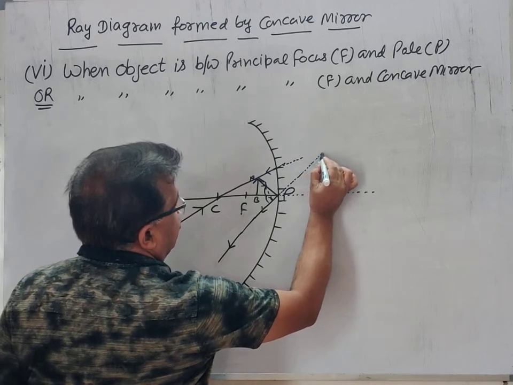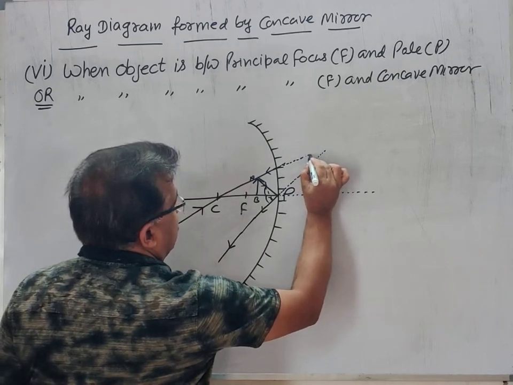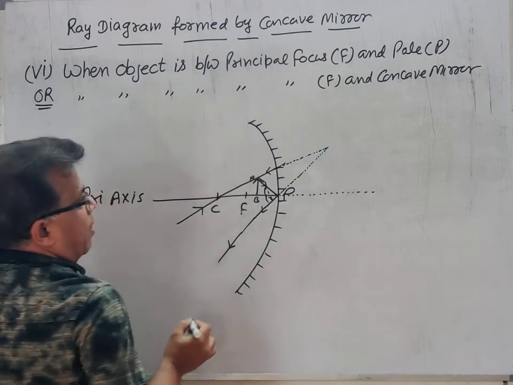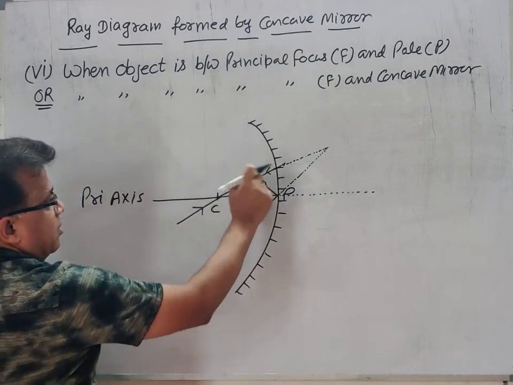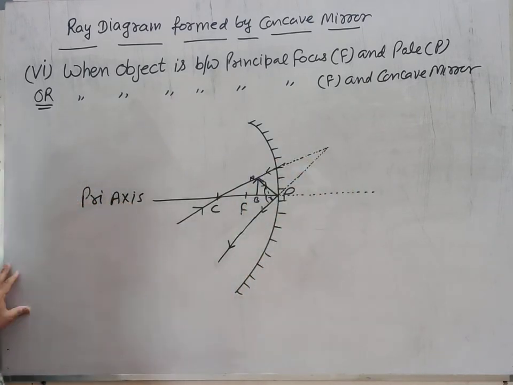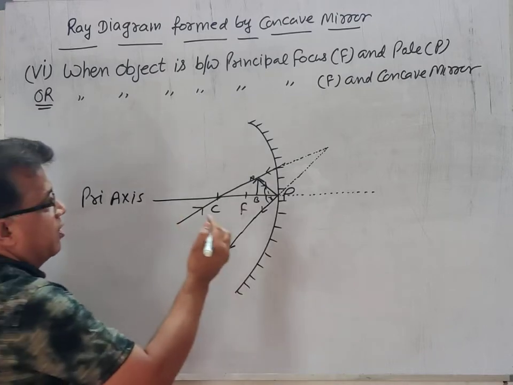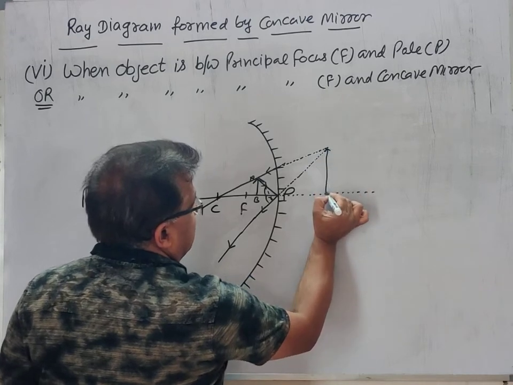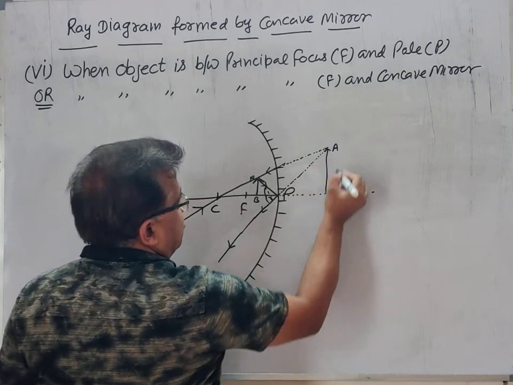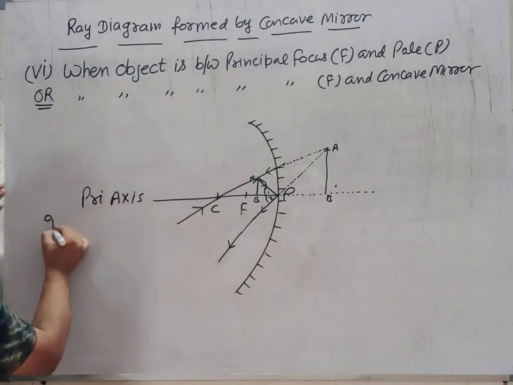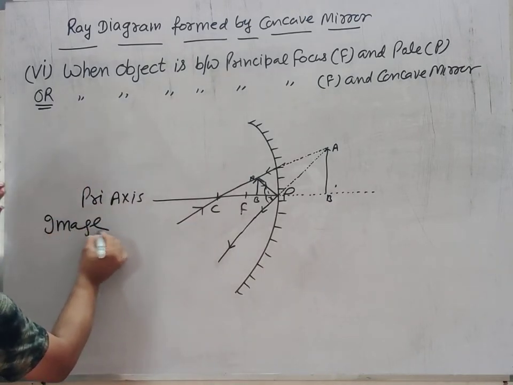So we are producing them backward. We shall show them by dotted lines as these are virtual. So these two rays appear to meet after reflection, so the image will be formed here in this direction, A and B. Here we are observing the image formed.